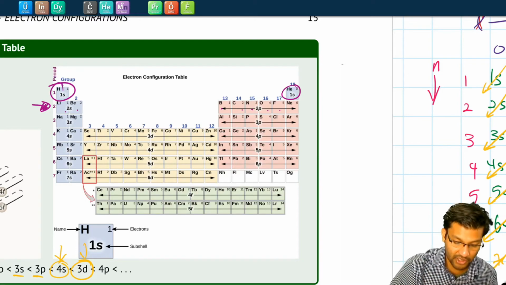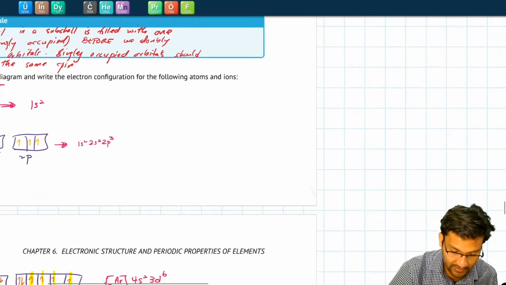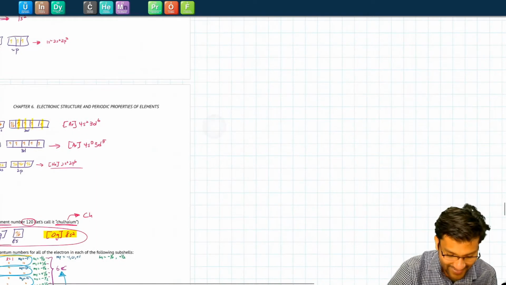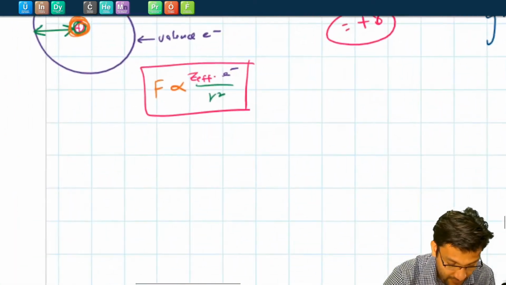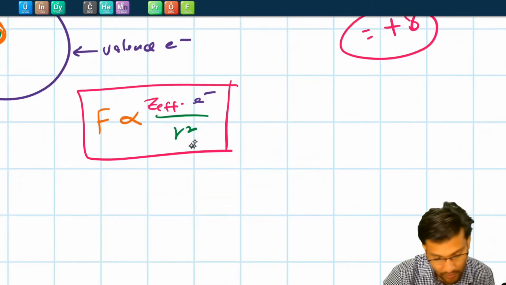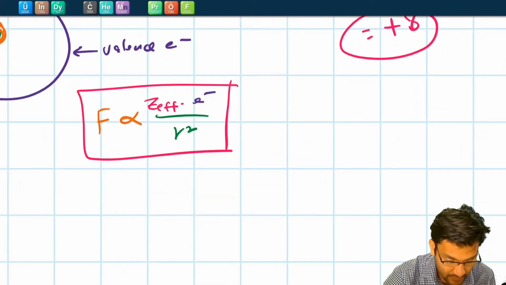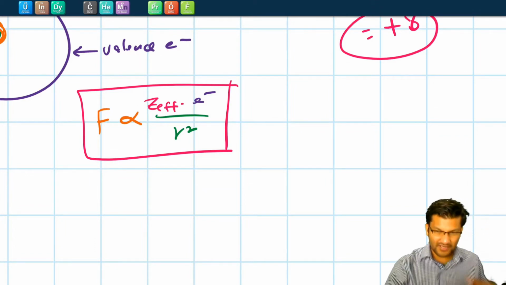The effective nuclear charge goes up. So what does that mean for the force? We know that the R stays the same, more or less, as we go across the period, but Z effective goes up. So that means the force will go up. So the force pulling the electrons in goes up.